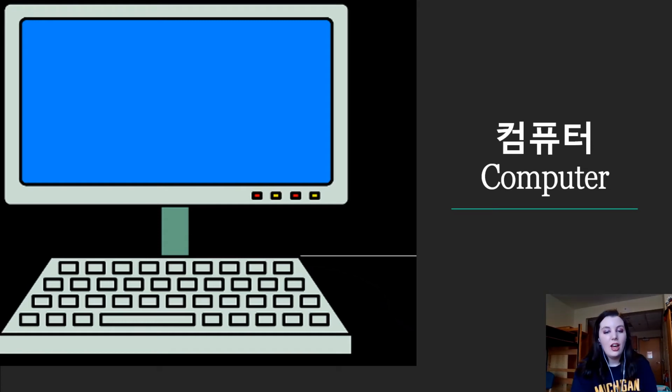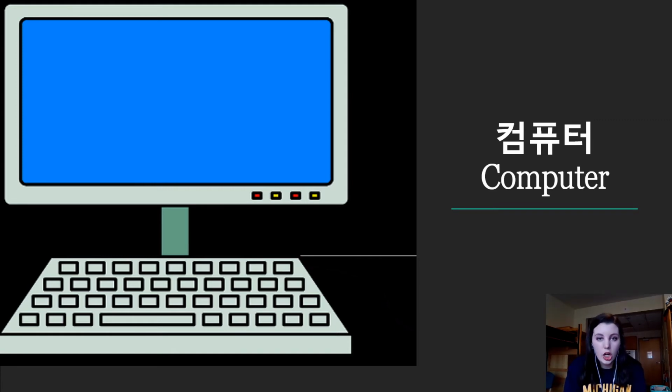Of course, with words like these, a Korean person would probably be able to understand you if you just said computer. But for a lot of people, the American pronunciation is really difficult or really strong. So they can't actually understand it sometimes because our pronunciation is so harsh.